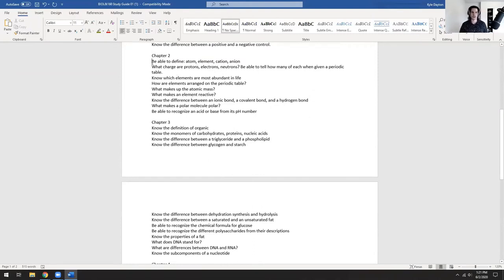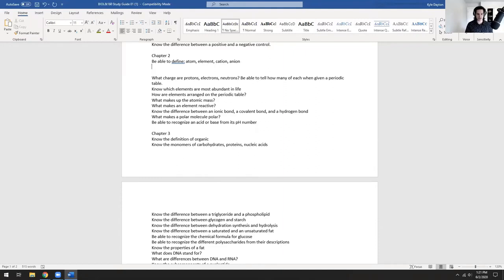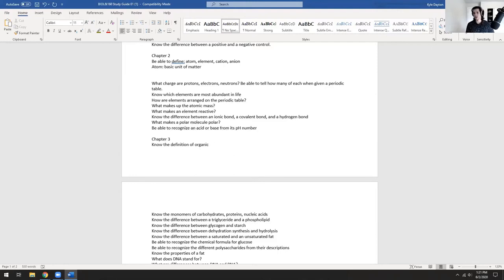Moving on. Okay, so be able to define atom, element, cation, anion. That's easy, right? We know this from the chemistry class we've taken. So atom, that's going to be the basic unit of matter. It's not the most basic because you have subatomic particles, but we'll just say it's the basic unit of matter.